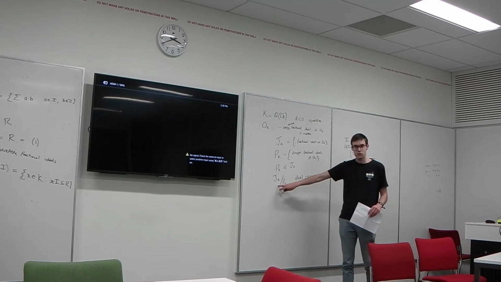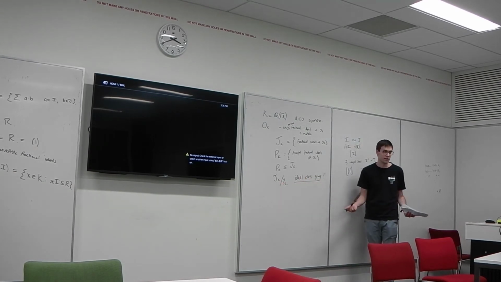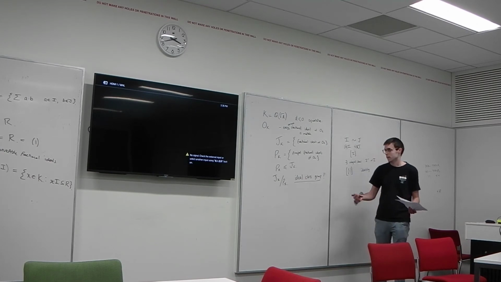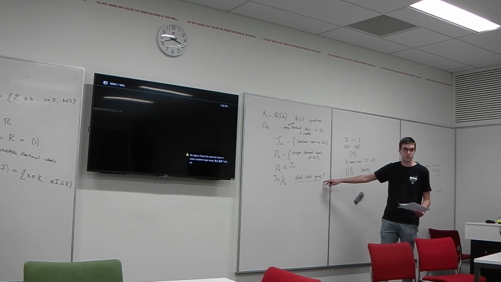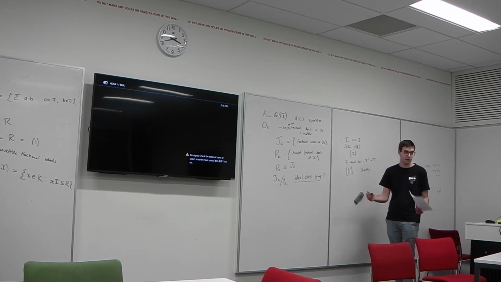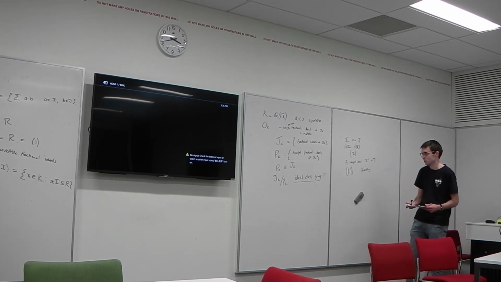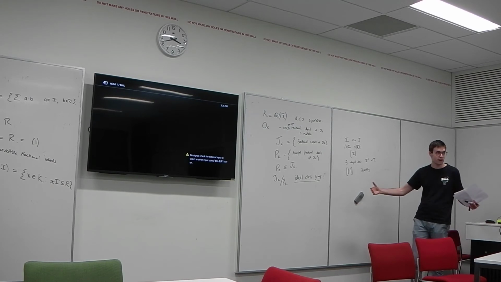If this is trivial, then every fractional ideal is principal, so we've got a principal ideal domain. But if the size of this is greater than 1, which we call the class number, then we're not a principal ideal domain. There's some ideals we can't write as principal. So the bigger the group gets, it kind of represents how far away from that case we are.